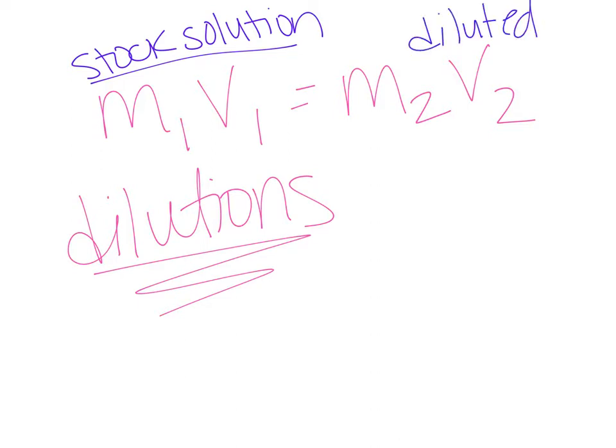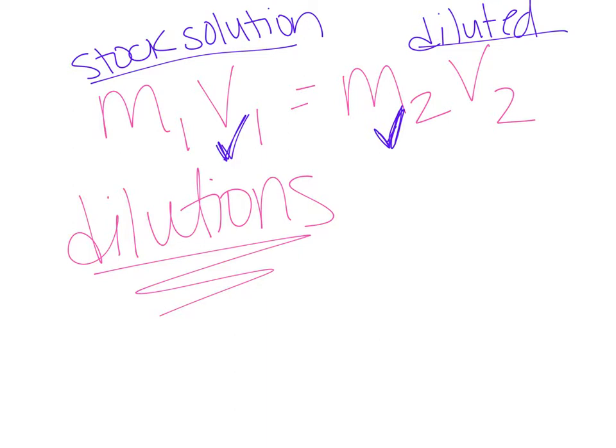Typically, they want you to solve for volume, or they would say, if I use this much and I put this much water in, what is the new molarity? Those are typically what you will solve for, either V1 or M2. And remember, it doesn't really matter what side of the equal sign you put it on, as long as you put the same pieces of information together, you're good.